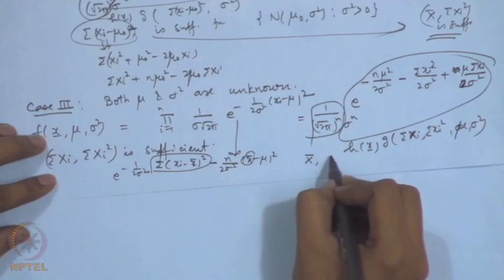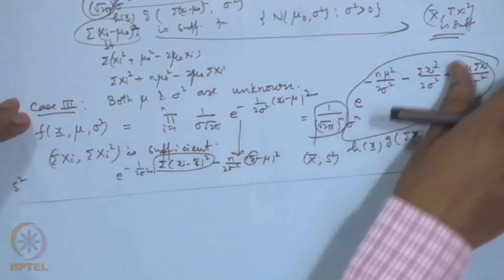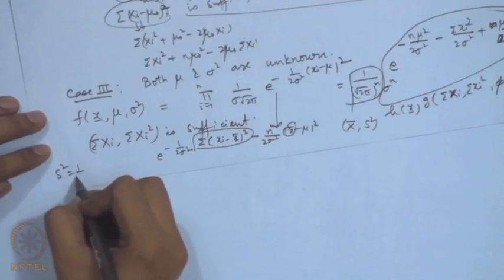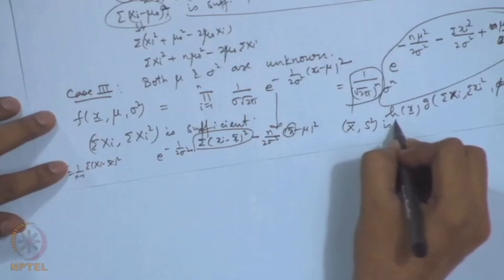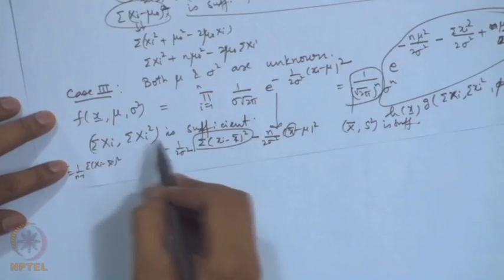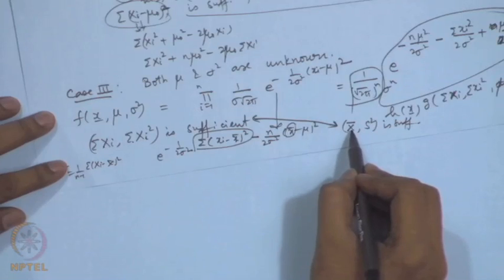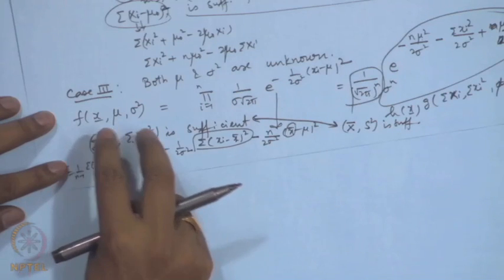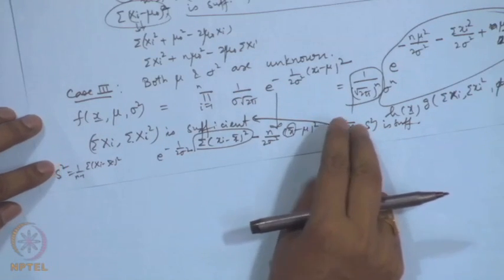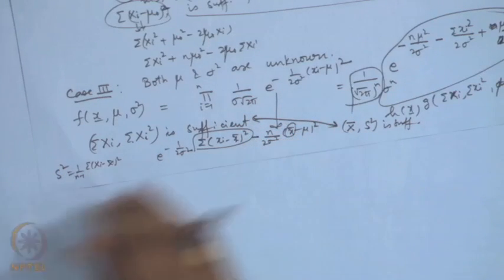So, you can conclude that x bar and s square, where we have used earlier the notation s square for 1 by n minus 1 sigma (x I minus x bar) whole square, that is the sample variance, is sufficient. Now, you see there is no discrepancy in this statement. If I consider sigma x I and sigma x I square, then this is a one to one function of x bar and s square, because from here I can obtain this and from here I can obtain this. So, we can say that when both the parameters in a normal distribution are unknown, then the sample mean and the sample variance are sufficient.